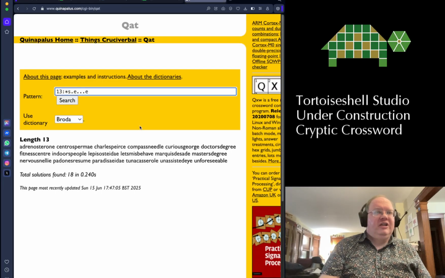Compass needle? No, can't have C. Marquis de... No, can't have M. Tuna casserole and unforeseeable are really the ones that I like here.